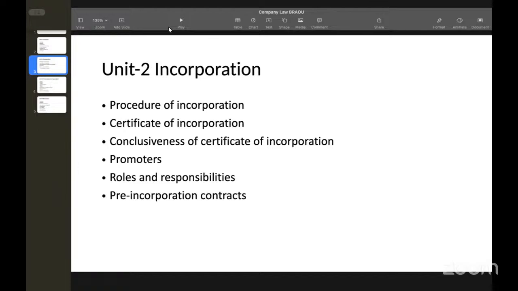The certificate of incorporation is the ultimate proof of the company's legal existence, and its conclusiveness protects both the company and its stakeholders. Pre-incorporation contracts, though essential for operational readiness, require careful handling to mitigate risks. Together, these elements form the foundation for the smooth functioning of a corporate entity.